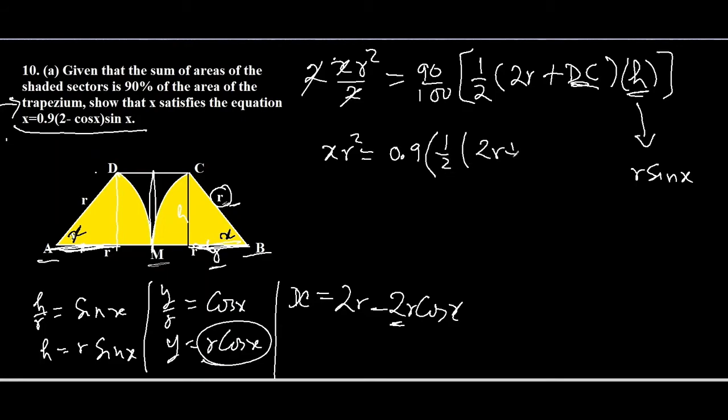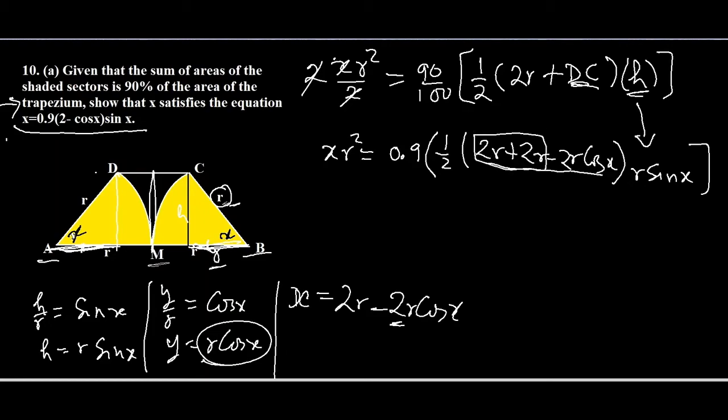Half of 2r plus, now DC is 2r again minus 2r cos x. H is already written. So let's take something out of these, because this is 2r plus 2r, 4r.